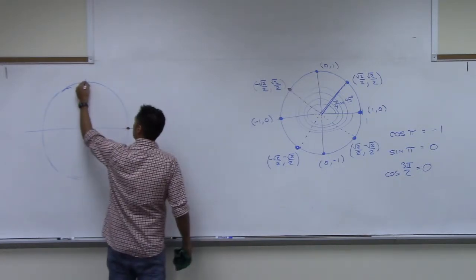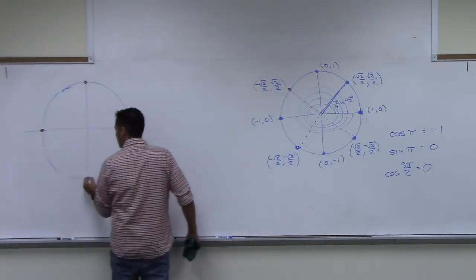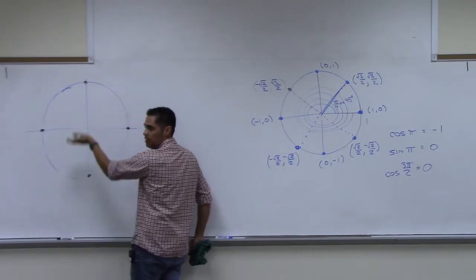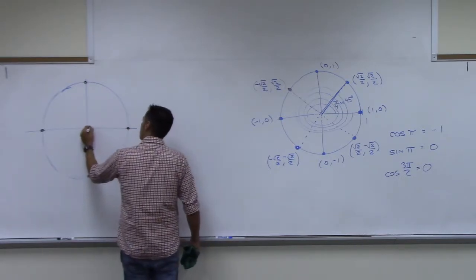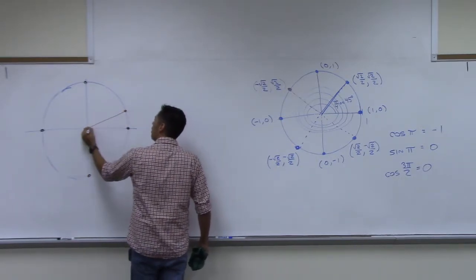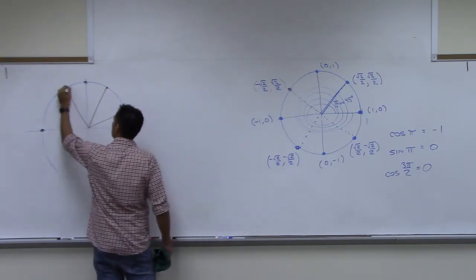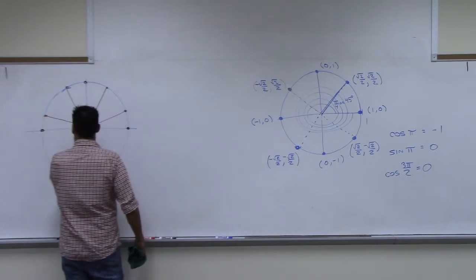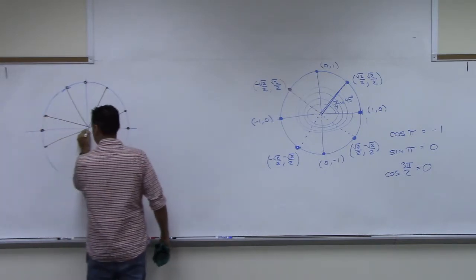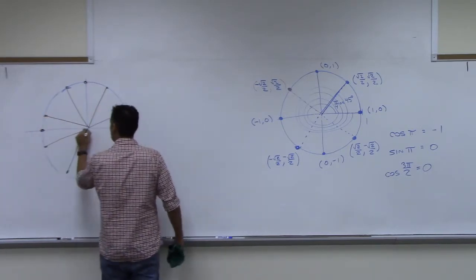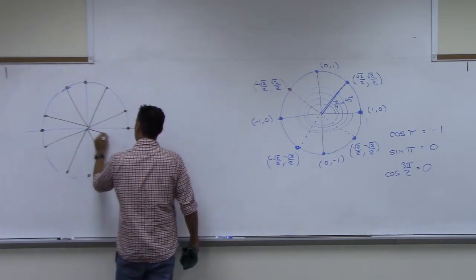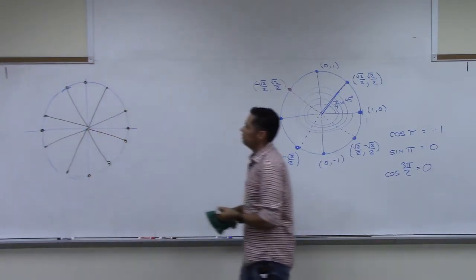These points will still be here, because we do hit these points when we start marching around by 30 degrees. So we've got one here, we've got one here, then straight up, and then over here, here, here, here, oops, I missed, and here. There they are.